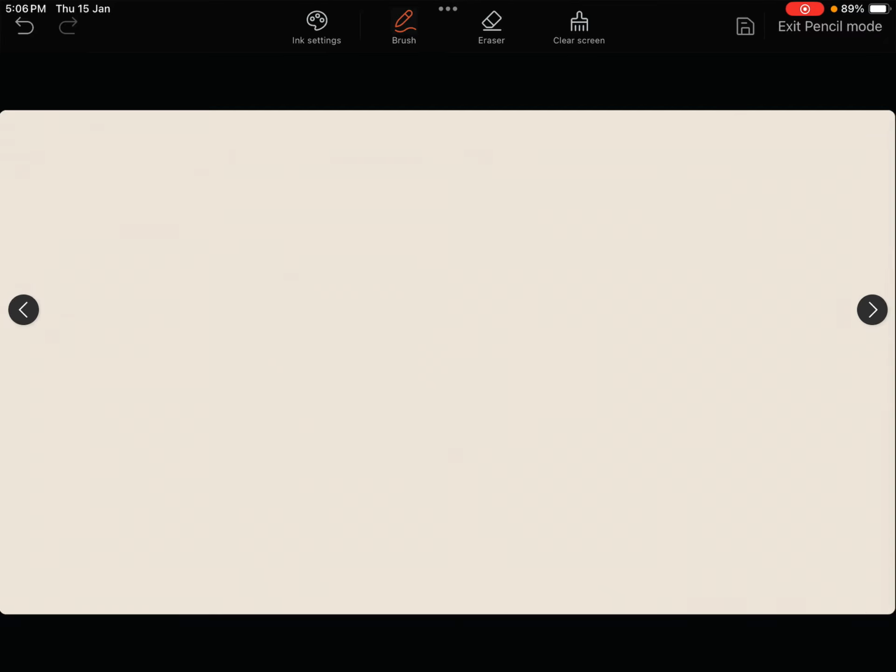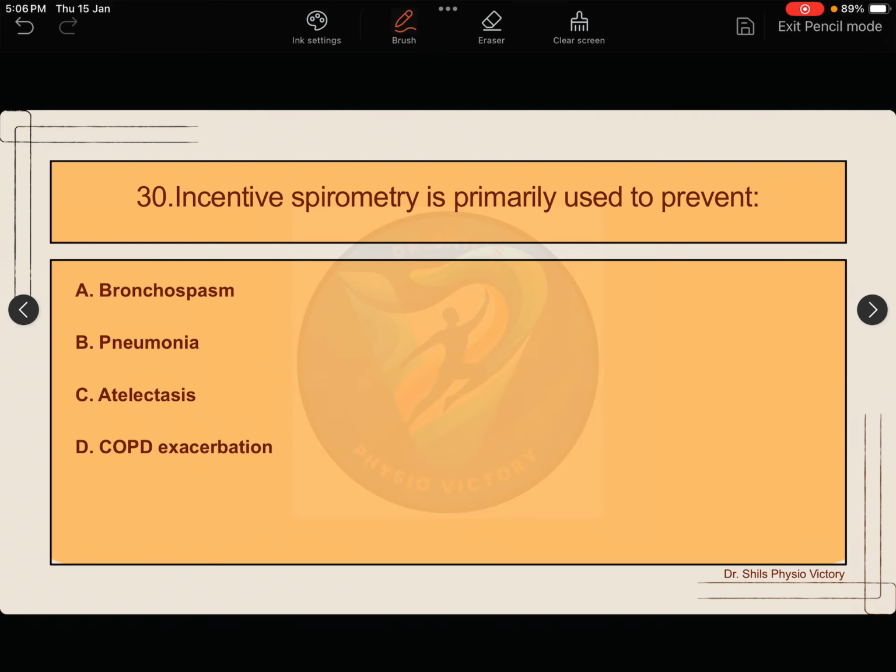Next, come to question number 30. Incentive spirometry is primarily used to prevent option A bronchospasm, option B pneumonia, option C atelectasis, option D COPD exacerbation. Here the correct answer is option C, atelectasis.